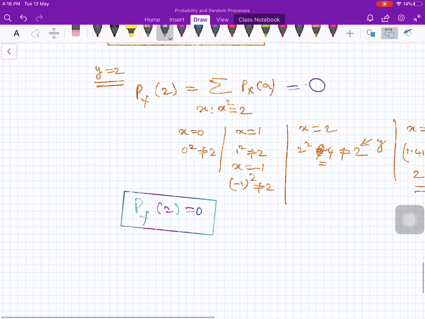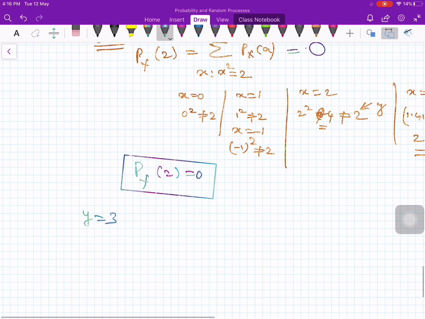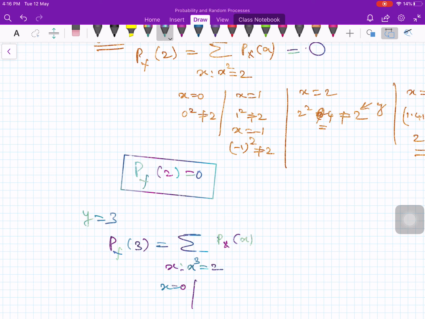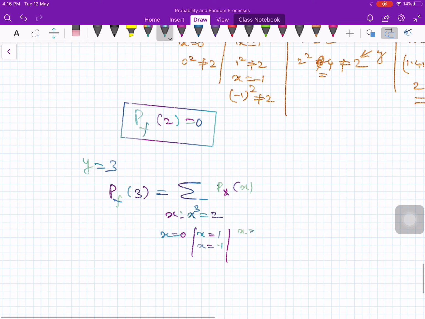That's it. Okay. Similarly, substitute y equal to 3. Same story. Py of 3 is the sum over the set of all x's such that x cube equals 3. Px of x: x equal to 0 will not satisfy, x equal to 1 will not satisfy, x equal to minus 1 will not satisfy, x equal to 2 will not satisfy, x equal to minus 2 will not satisfy.